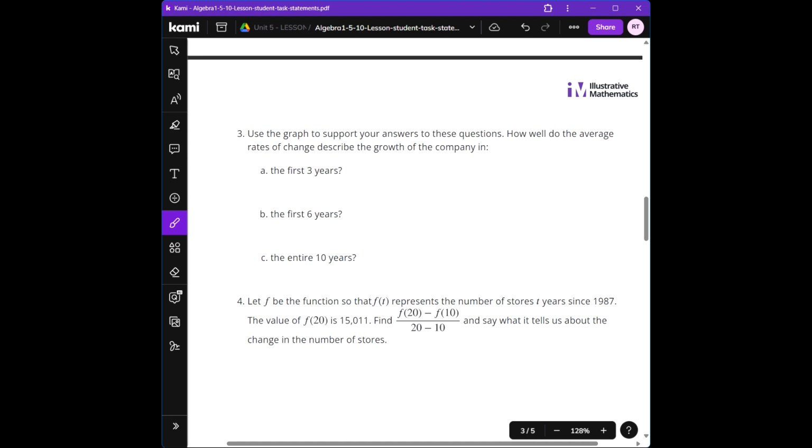Now we're going to use the graph to support your answer to these questions. How well do the average rates of change describe the growth of the company in the first 3 years? Let's put this down.